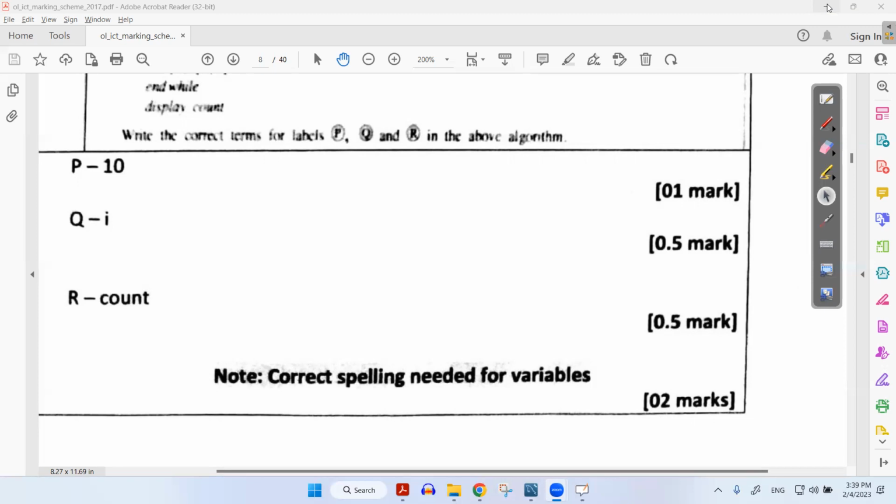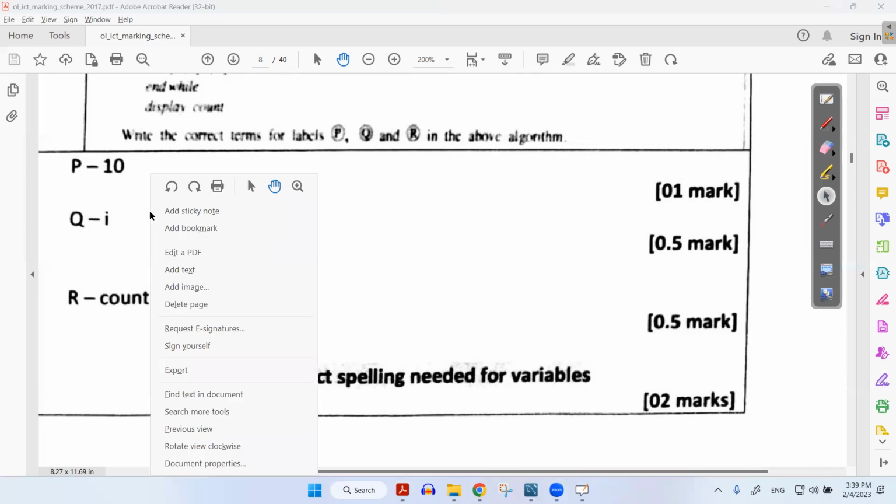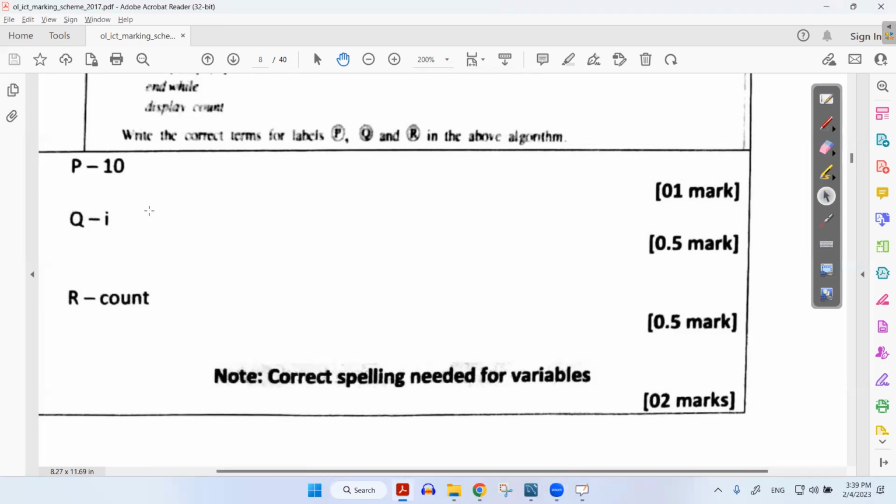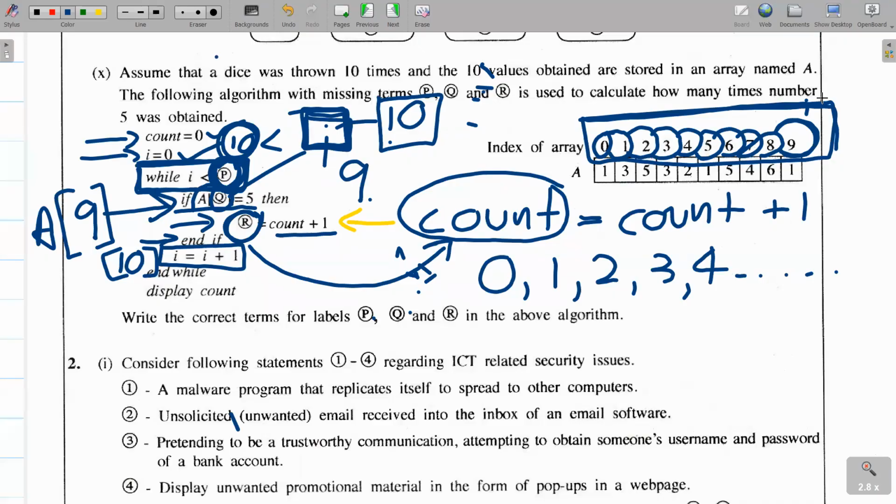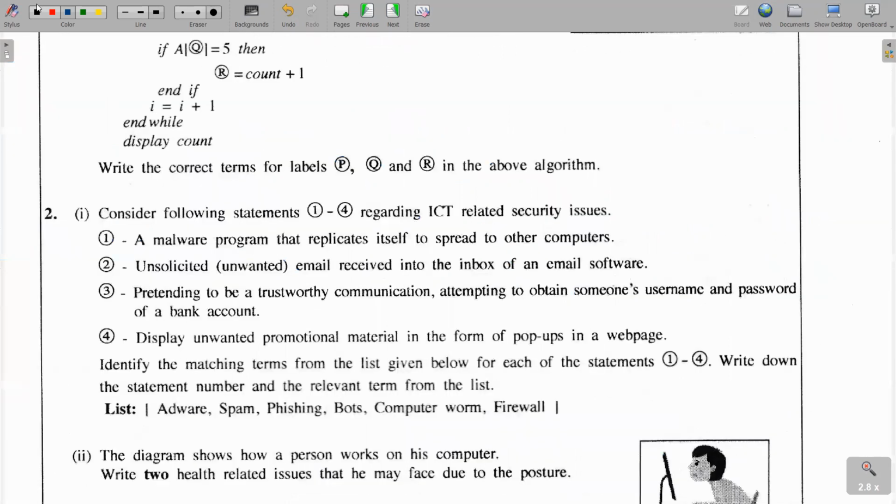Okay, Chanuri, it goes like this. Now, I'll go with the one over here. Right, let me clean this.